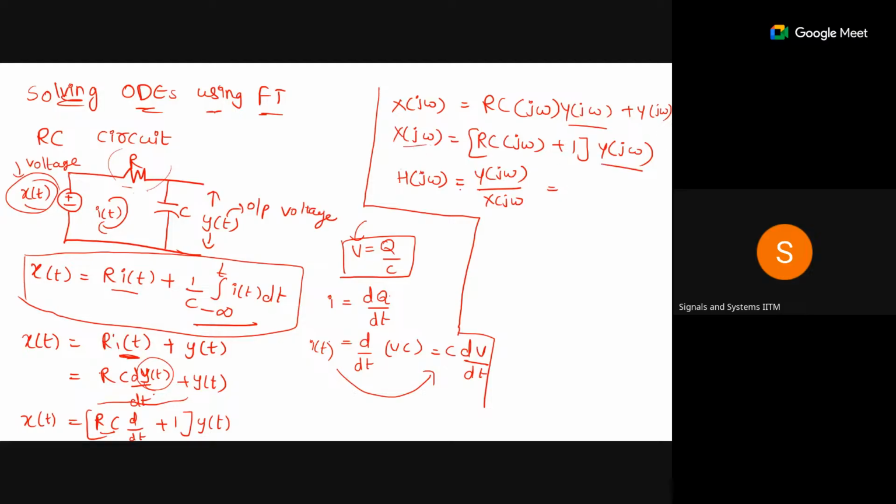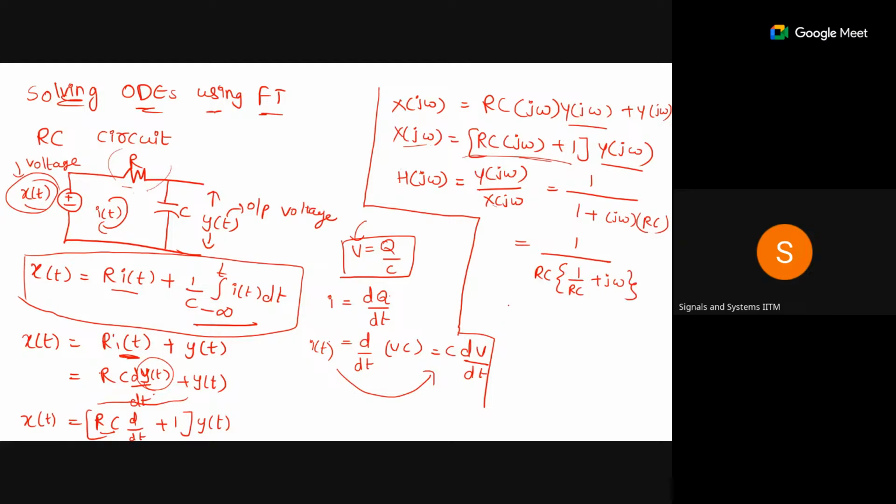So if we shift X of j omega to the other side, it can be written as 1 by 1 plus j omega RC, right? This can be written as 1 by RC, taking RC common, over 1 by RC plus j omega.